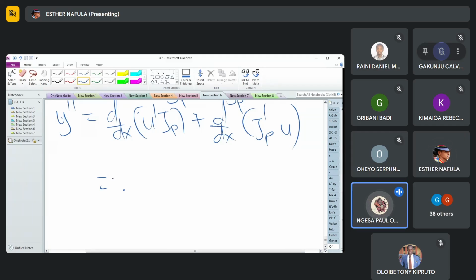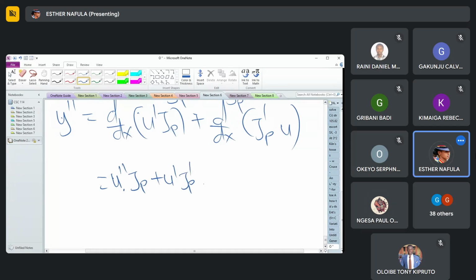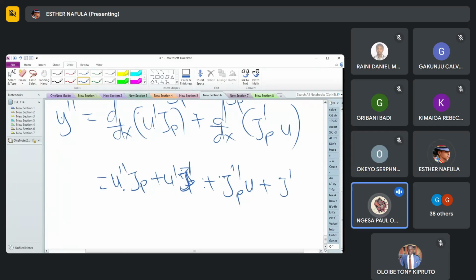If we differentiate the first term, what do we get? u double prime Jp plus u prime Jp prime. Right? Yes. We differentiate the second term: Jp double prime u. Oops, this is supposed to be Jp prime. So the third term is Jp double prime times u plus Jp prime u prime.